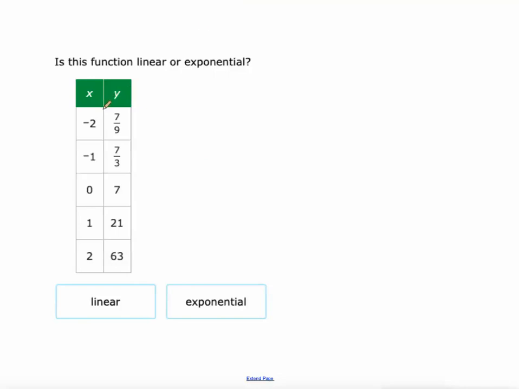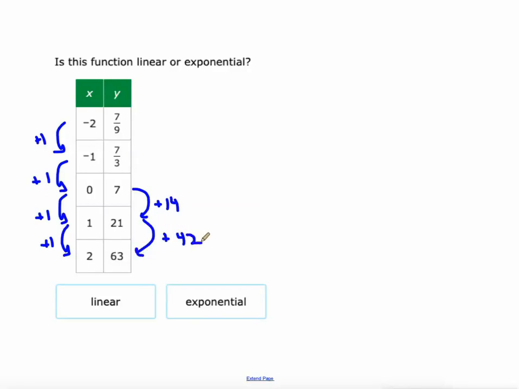And this one's kind of crazy looking, but again, the x values are going up by 1 every single time. And if those fractions are confusing you, there's no reason that we have to start down there. We could just look here. There's an increase of 14, and there's an increase of more than 14, 42. Okay, so that tells us that it's not linear.